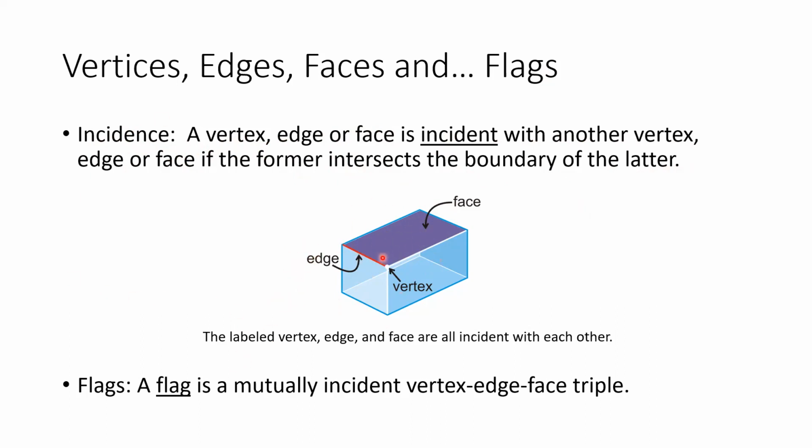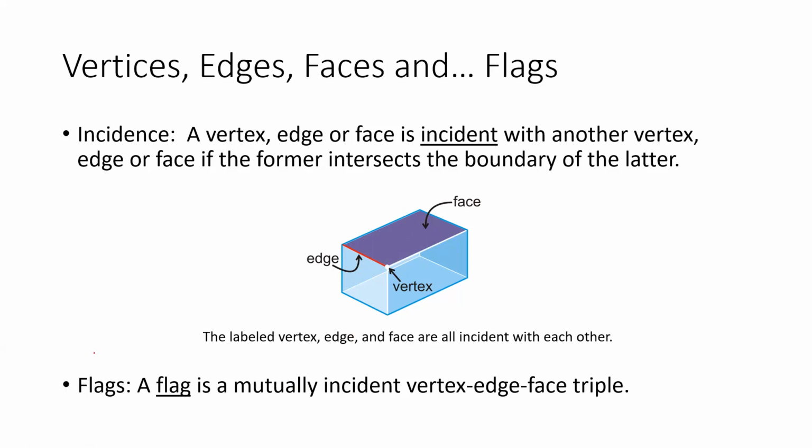So they're all incident with each other. And a flag is a mutually incident vertex, edge, face triple. So in this picture, this vertex, edge, face triple is a flag because they're all mutually incident.